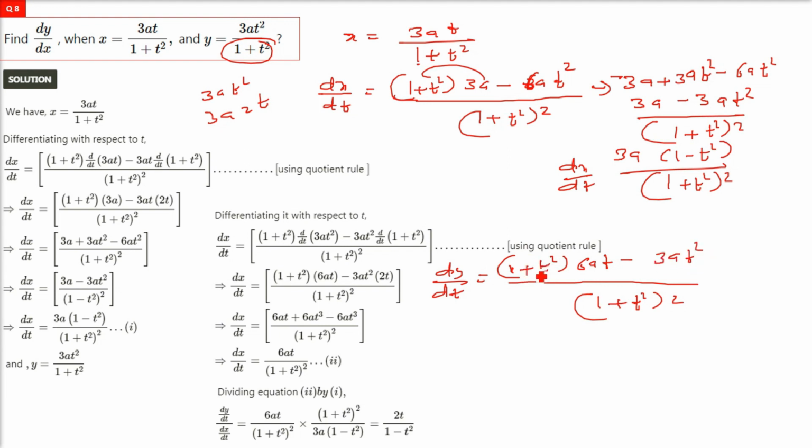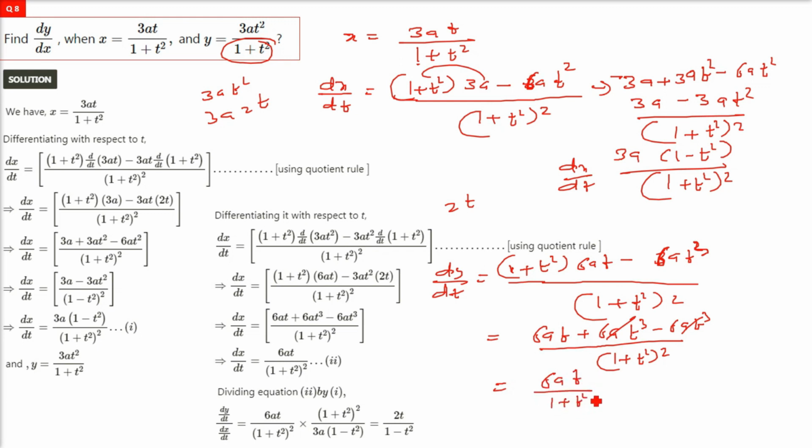So 3at² will be there, 1 + t² is 2t. So this is 6at³. I'm changing it here only, not going to the other step. Multiplying it, 6at + 6at³ − 6at³, (1 + t²)² in the denominator. 6at³ gets cancelled out. You will get 6at divided by (1 + t²)². Alright, this is dy by dt.